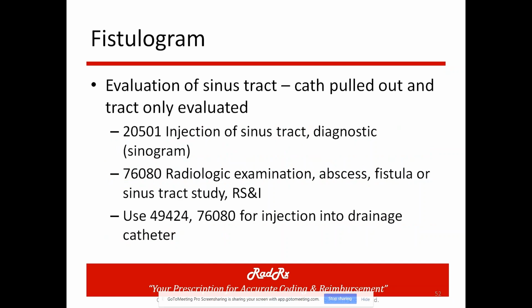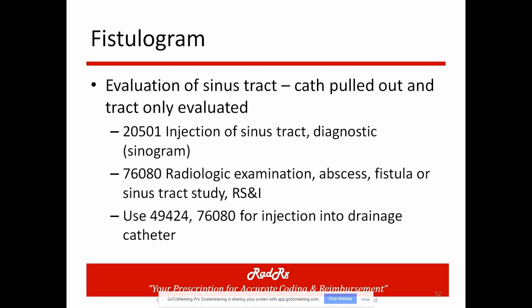So one more point about the drainage catheters. From time to time, a patient will pull a catheter out, and then they will bring them to the department for evaluation. So they will sometimes inject contrast into the sinus tract. So the patient has pulled the drainage catheter out, there's nothing in place, they inject contrast, and they're evaluating the tract.